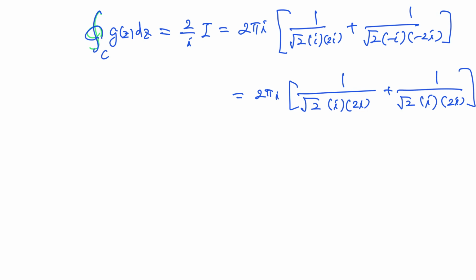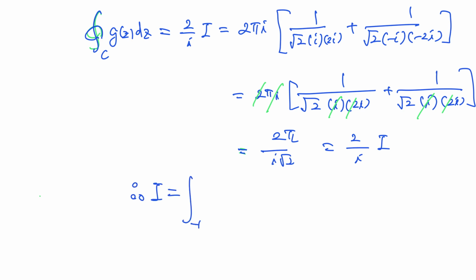So one of the I will cancel this and this, right? And this 2 will cancel this 2. So we have I square root over 2, right? Pi is equal to 2 over I. So therefore, I, the integral from minus 1 to 1 of square root of 1 minus x squared over 1 plus x squared dx, is equal to pi over square root of 2.